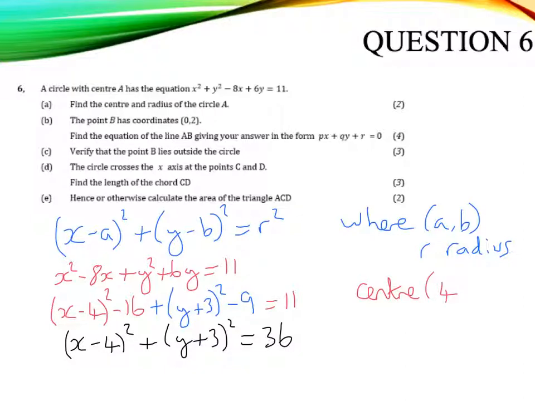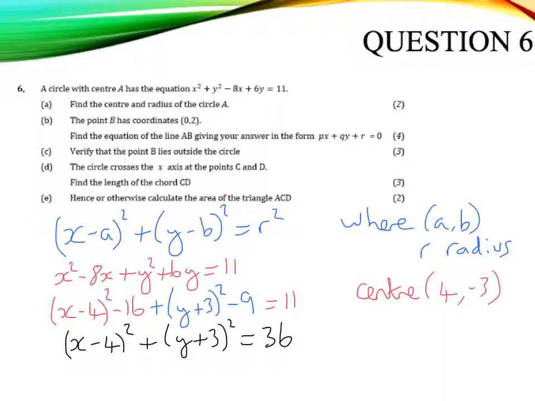And my y coordinate, I want it in the form minus b. Here I've got positive 3, so this is going to have to be negative 3 for my centre.